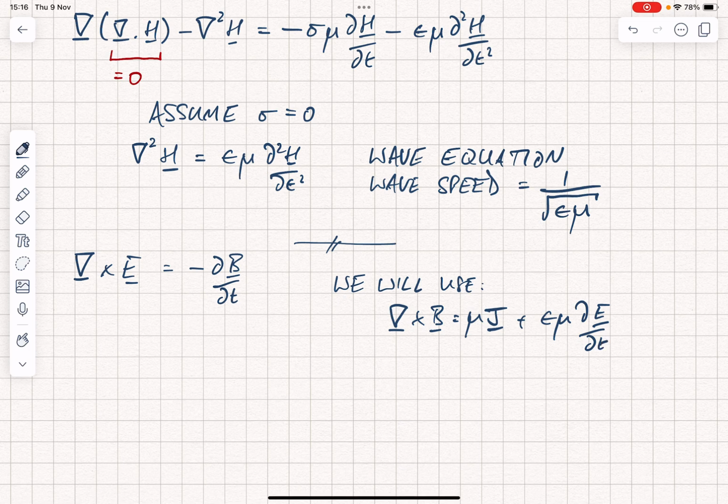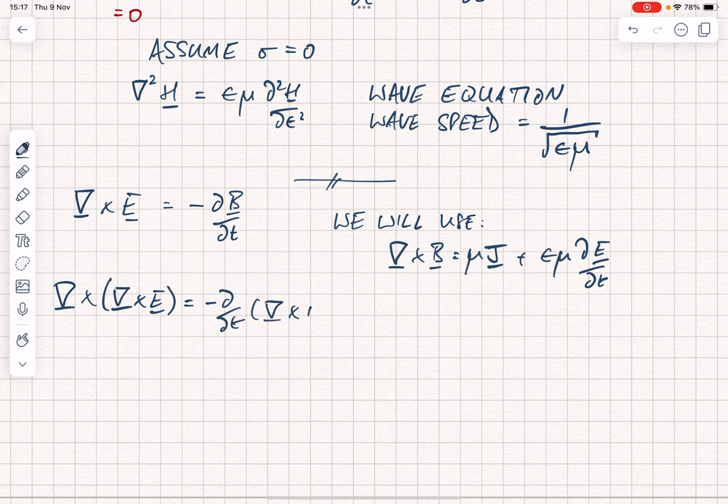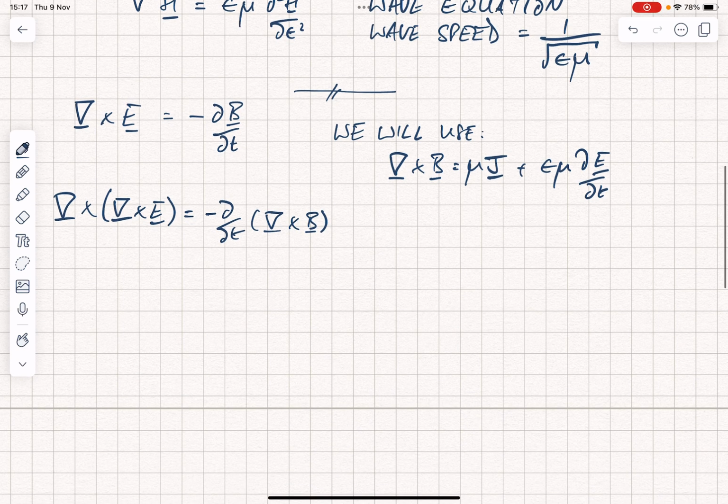So now we need to go back to Faraday's law and work out a way to have curl B on the right-hand side, and of course we do exactly what we did just now for H. We take the curl of, again keeping the brackets, the curl of E, and that's equal to minus d by dt of curl B. Expanding out as we did before, we find that we have the gradient of the divergence of E minus del squared E is equal to minus d by dt of mu.